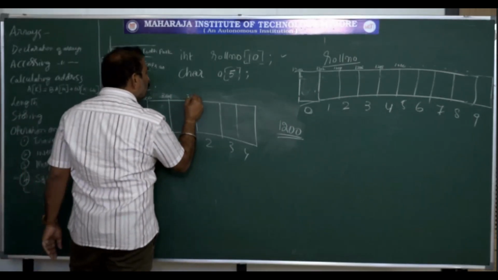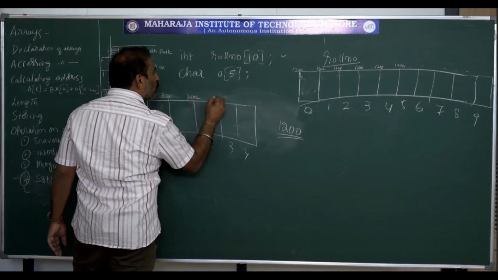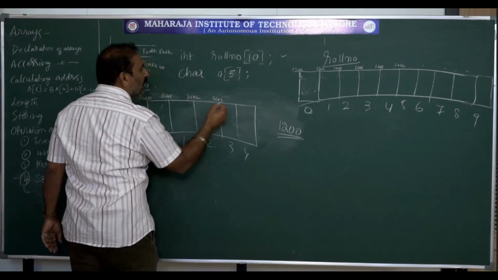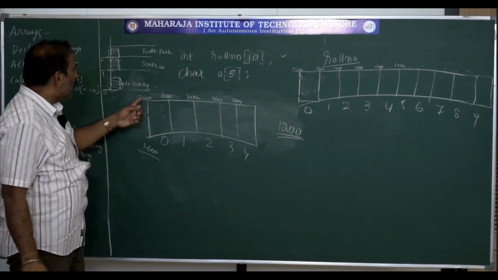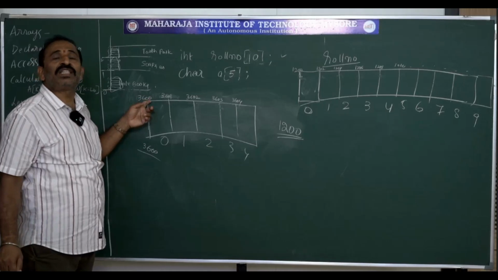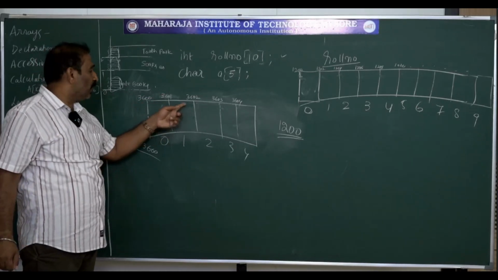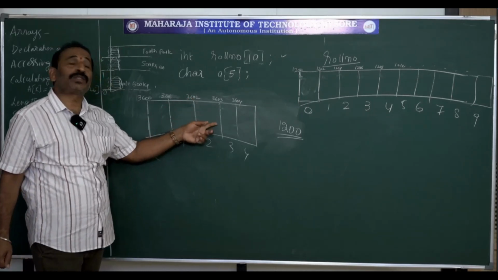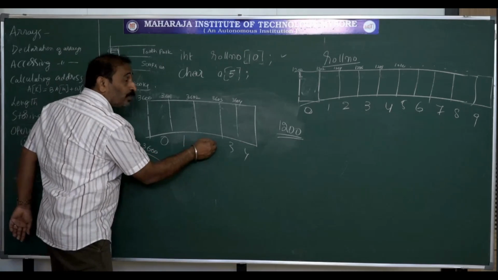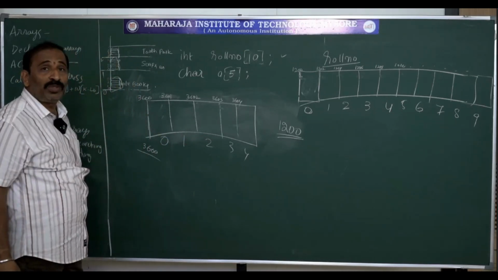This is taking 1 byte, so therefore 3602. This is 3603. This is at 3604. At 3600 location, you have your first data. Then 3602, second data, third data, like this. Its index is 2. Starting index is 0. So this should be very carefully observed.